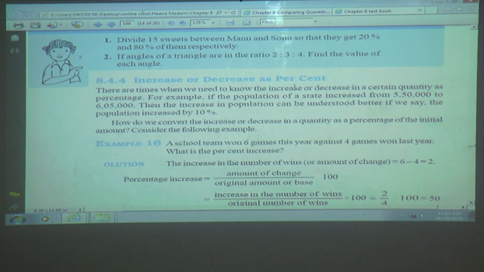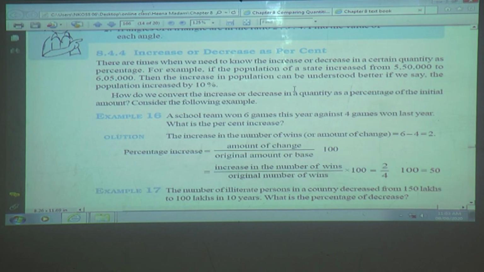Now, increase or decrease as a percent. There are times when we need to know the increase or decrease in certain quantities as a percentage.